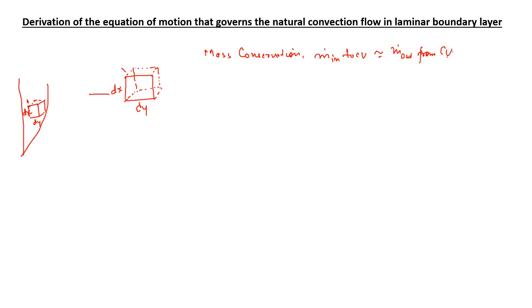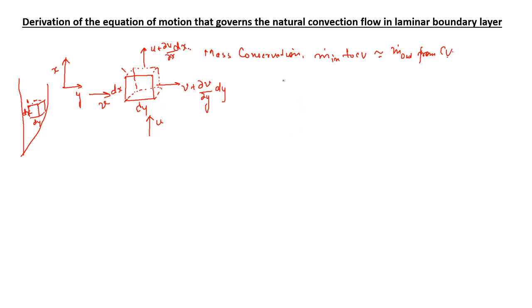So let's say, mentioning my reference points again, this is the y axis, this is the x axis. The fluid entering in the y direction has velocity v, and it is leaving at v plus ∂v/∂y dy. The velocity in the x direction is u, and it is leaving at u plus ∂u/∂x dx.